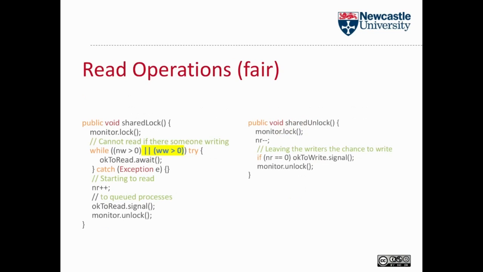Because in this example, I'm not only waiting to read if there is one writer in the critical section, I'm also waiting if there is some writer waiting to go inside. So the first condition, NW, is just that I have a writer within the critical section doing a write operation.